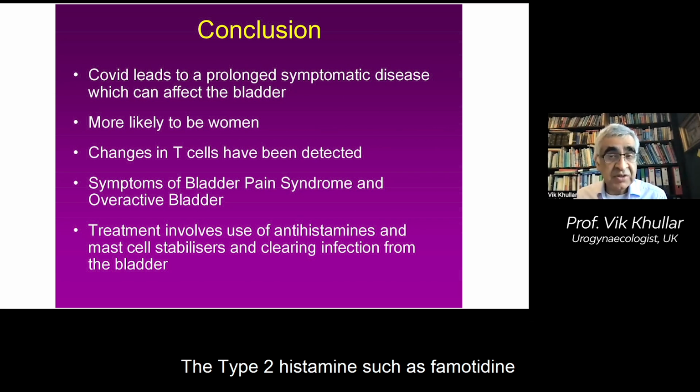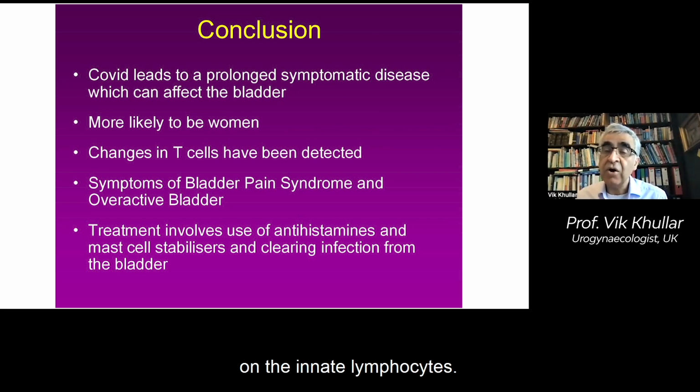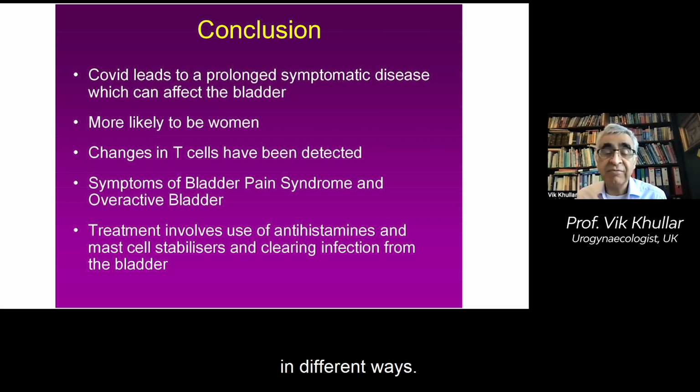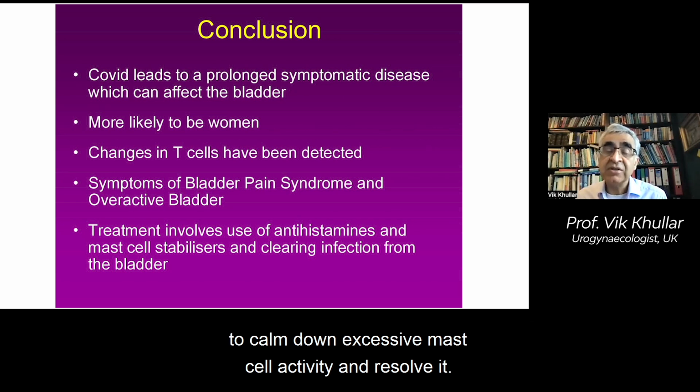The type 2 antihistamines, such as famotidine, have been shown to have an impact on the innate lymphocytes. So it actually, in a way, shows how both work in different ways. And then lastly, using mast cell stabilizers to calm down excessive mast cell activity and resolve it.